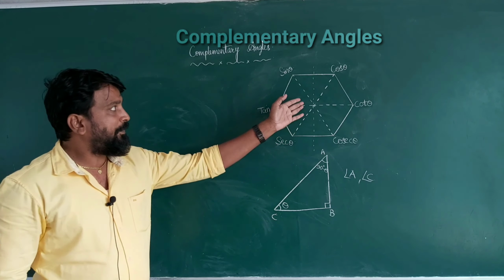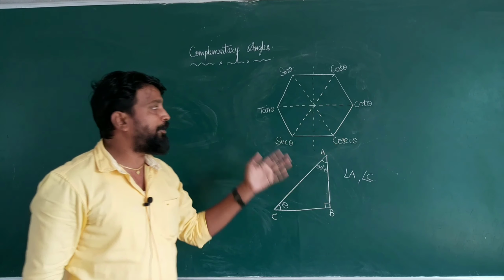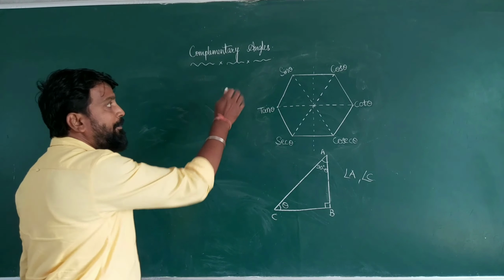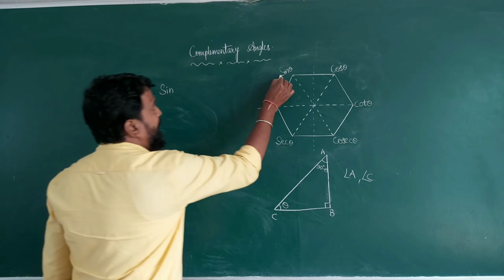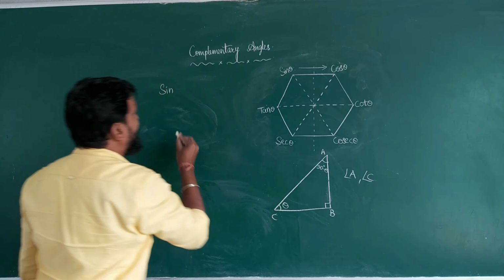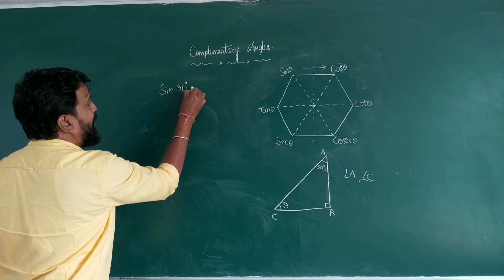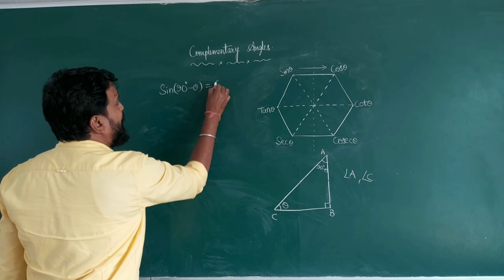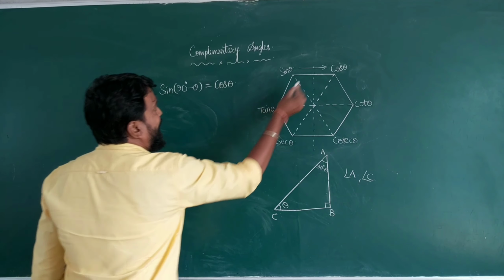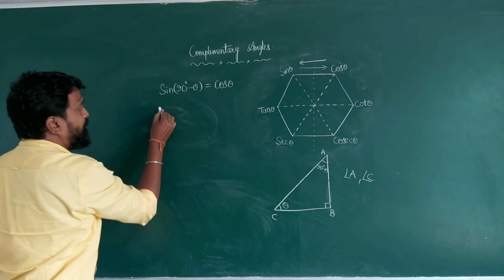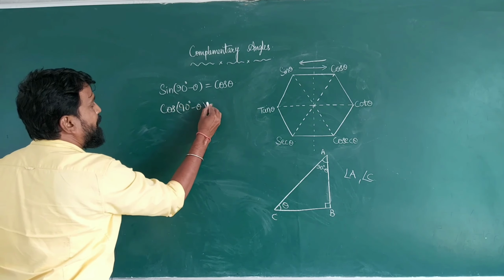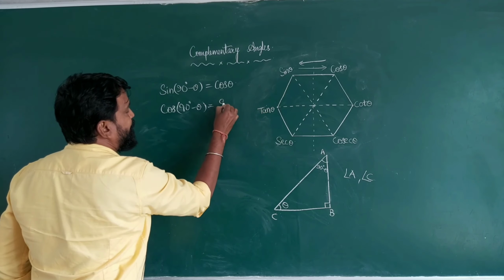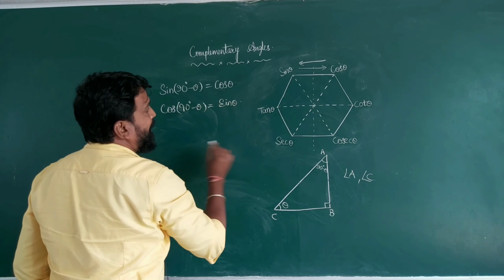By the use of this hexagon we can generate complementary angles like this. Sin of 90 minus theta is equal to cos theta, and cos of 90 minus theta is equal to sin theta.